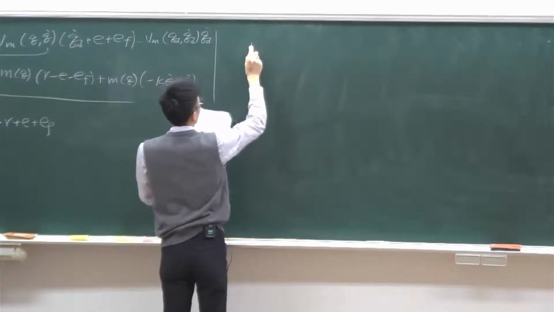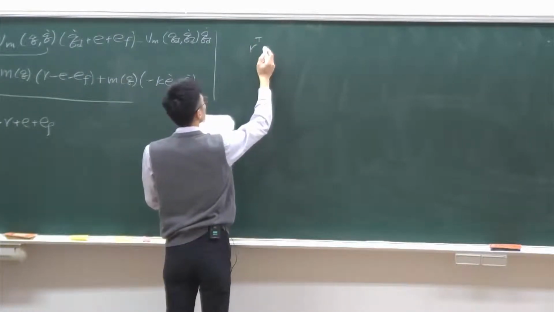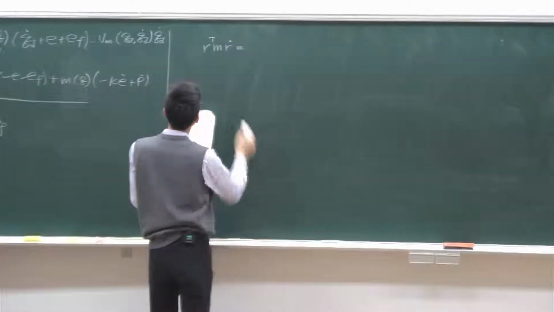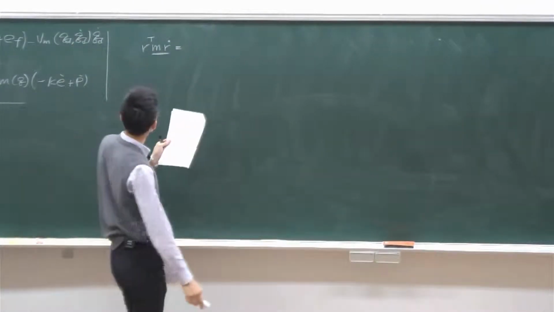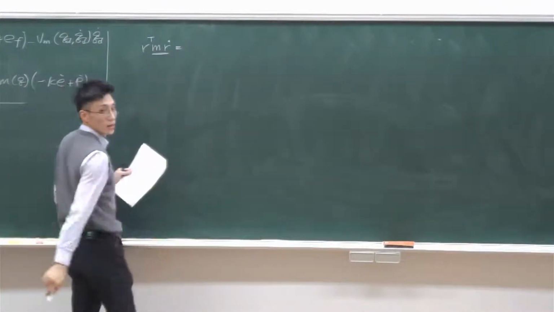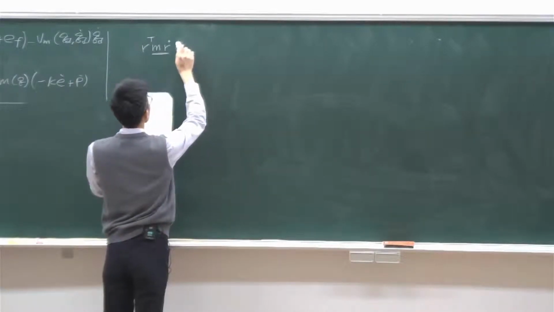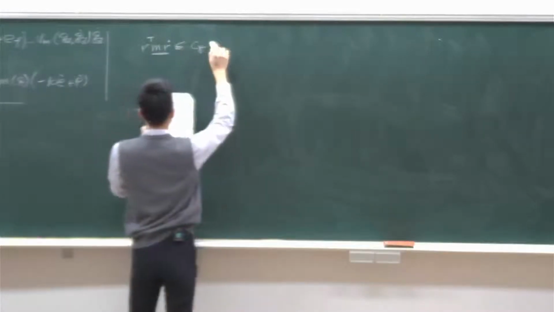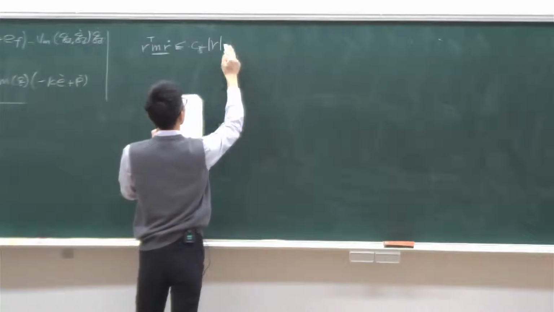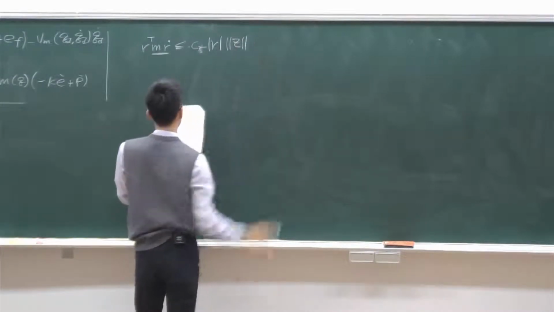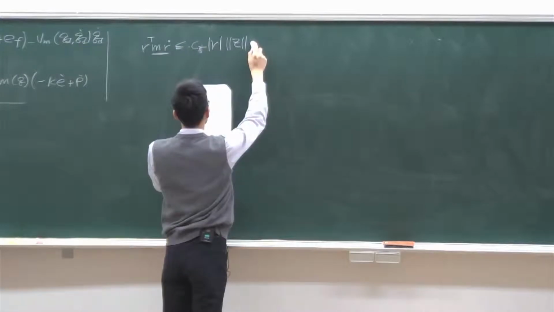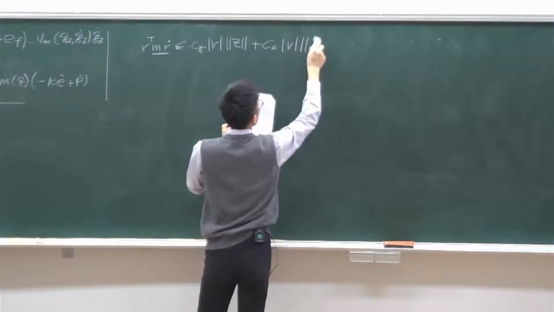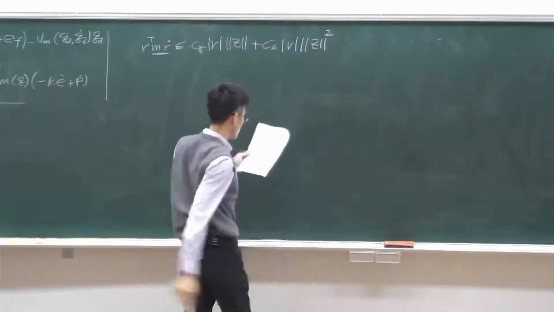So eventually, R transpose MR dot, this is the closed-loop dynamics, right, can be further upper bounded by C5, the value of R times norm Z, plus C6, another constant, and Z norm squared.